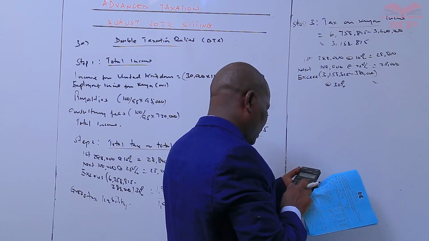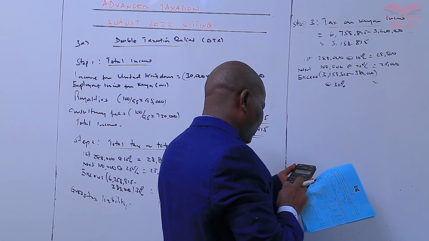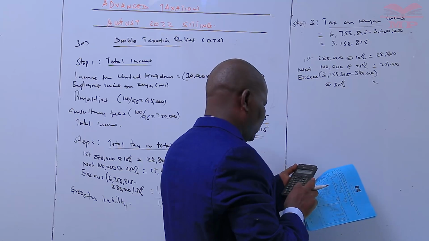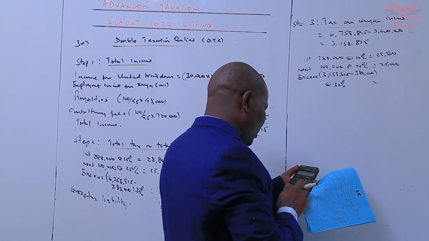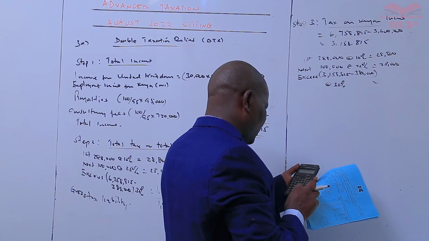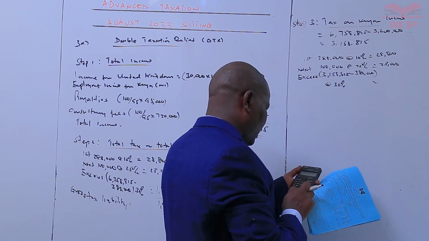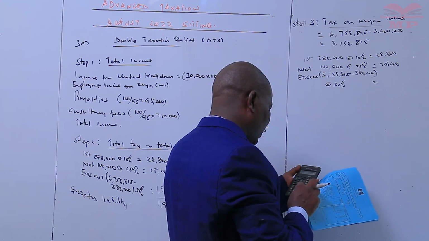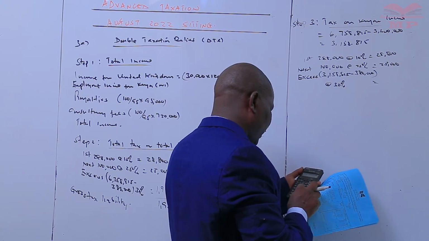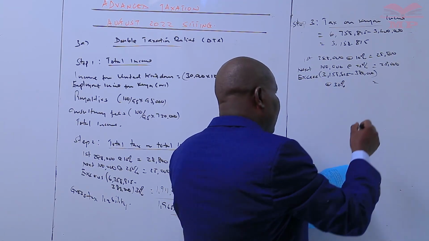Let's do it together. 3,158,815 less 388,000. I'm getting 2,770,815 times 30%.